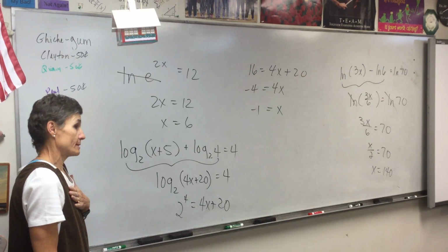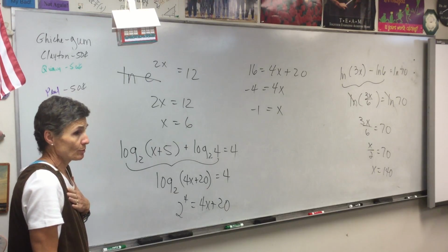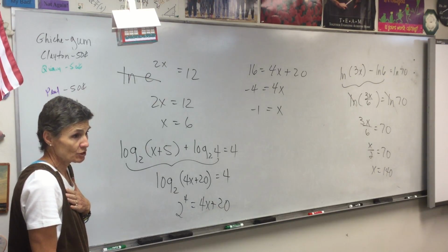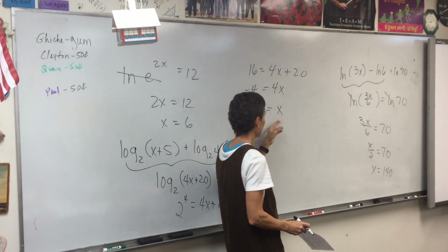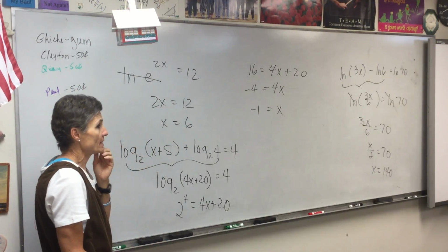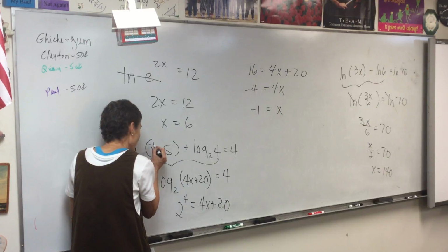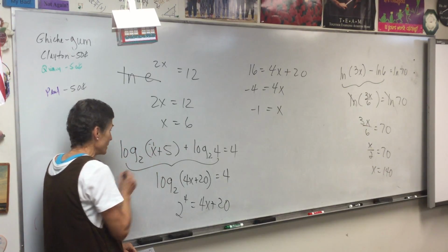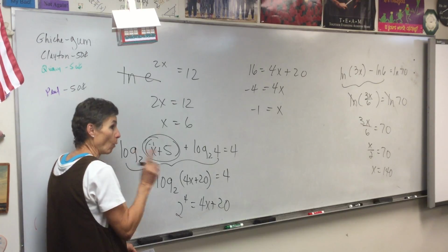Now, sometimes we get extraneous roots when we solve logarithmic equations. And sometimes when kids get negative numbers, they immediately disregard them. There's nothing wrong with that negative 1. Because when I put the negative 1 back into the problem, what does this equal? 4.